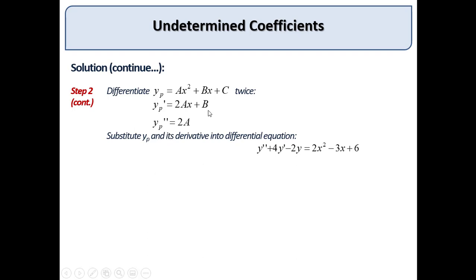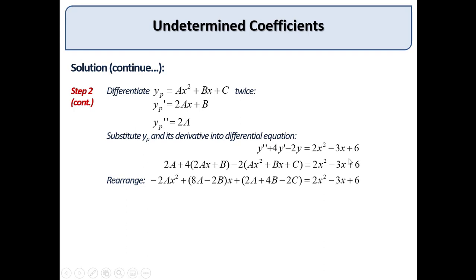So now we substitute yp, yp prime, and yp double prime into the differential equation. When we substitute it, the next thing is just algebra. You need to do a comparison between the left hand side and right hand side. Whatever is on the left hand side must be equal to the right hand side.